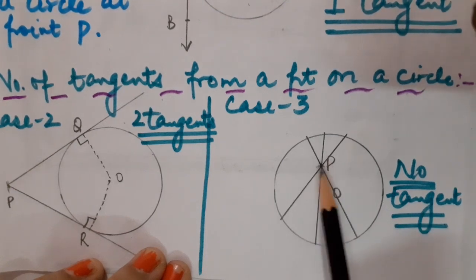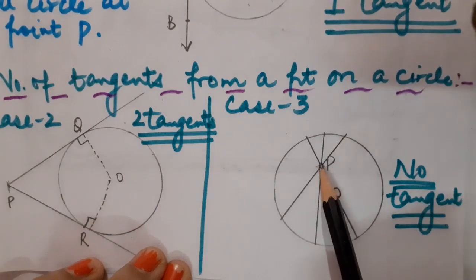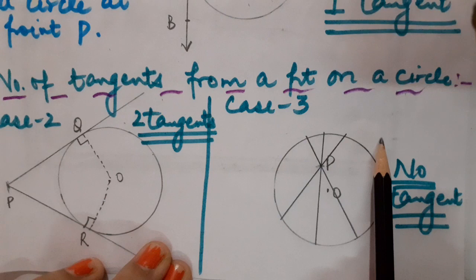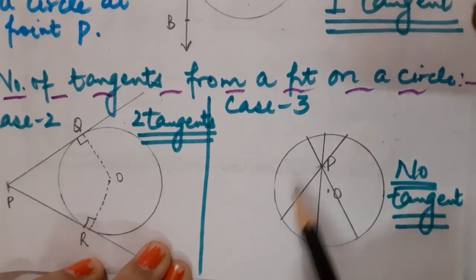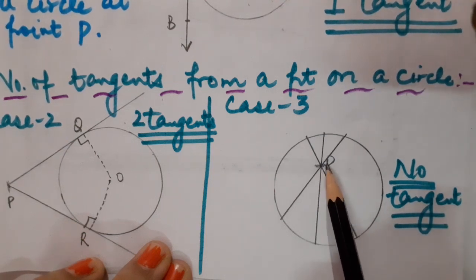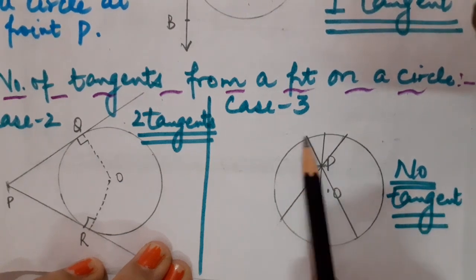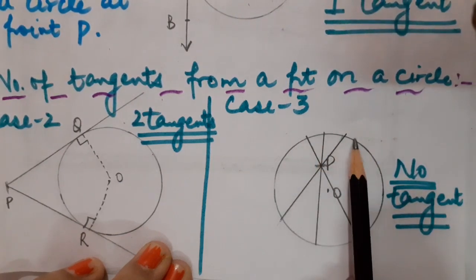Let us discuss case number 3. Suppose point P lies inside the circle. Then children, you know that a tangent is basically that line which touches the circle exactly at one point. And if I draw millions of lines passing through this point P, then no tangent will be drawn. Why? Because these line segments are not going to touch the circle exactly at one point.